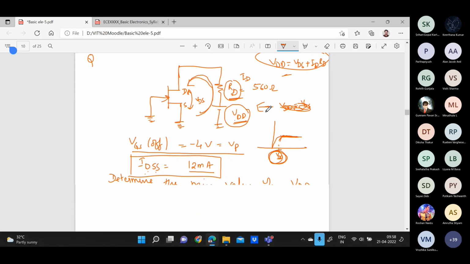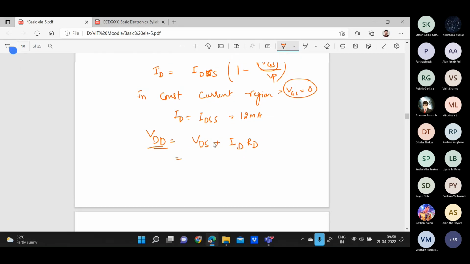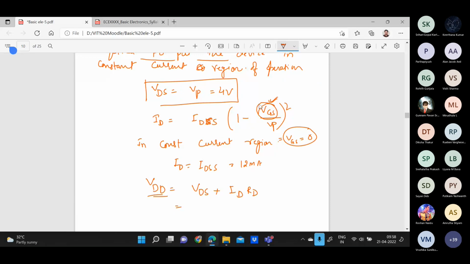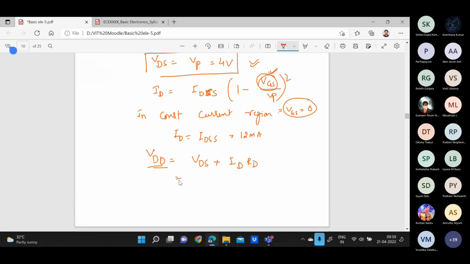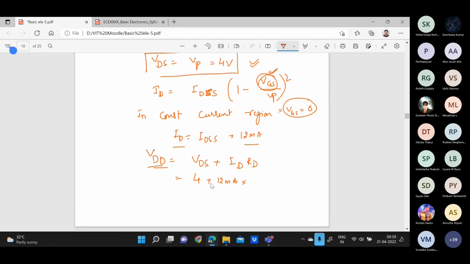Now you have to find out the value of VDD, and you know the value of VDS. VDS is the pinch off voltage that we have already calculated, which is 4 volts. So you can substitute it here, 4 volts. You know the value of ID, that is 12 milliamps, and RD is also given in the numerical, that is 560 ohms. If you substitute it here, tell me the value that you will get.